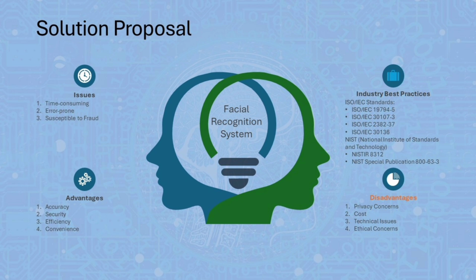So, implementing a biometric attendance system using facial recognition will also help automate and secure the attendance tracking process. This system leverages advanced facial recognition technology to identify and record student attendance in real time, thereby enhancing accuracy, preventing fraud, and streamlining administrative tasks.